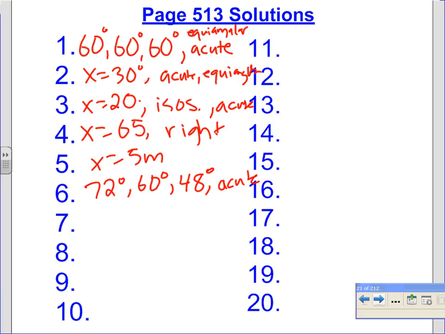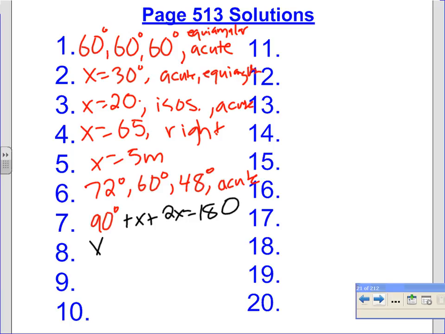Number 7, they forgot to add the 90 degrees in, so it should have been 90 degrees plus x plus 2x equals 180. So they needed to add the 90 degrees in there. So again, they just forgot it. The correct answer should be x equals 30, not 60.